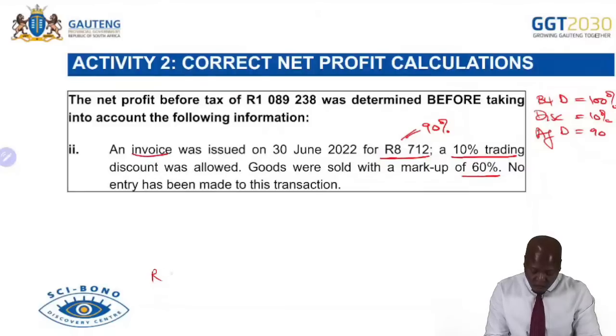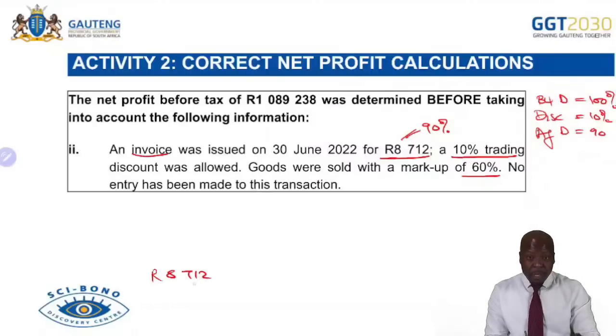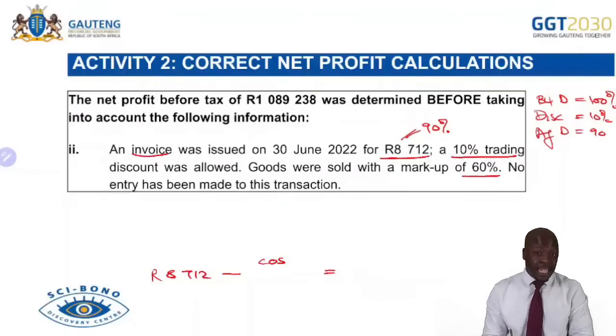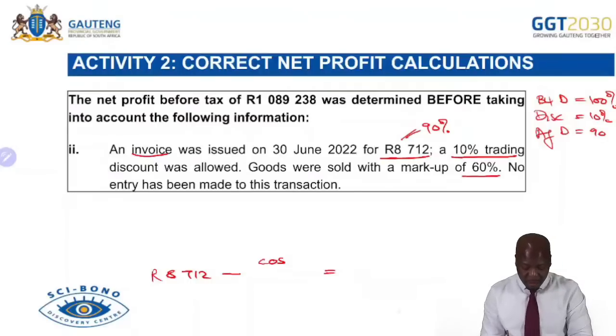We have sold goods for 8,712. Okay, so that is the amount that we have sold for. We now need to come and subtract the cost of sales such that we can now see the profit on these goods, that we can now add it to the profit that we have.